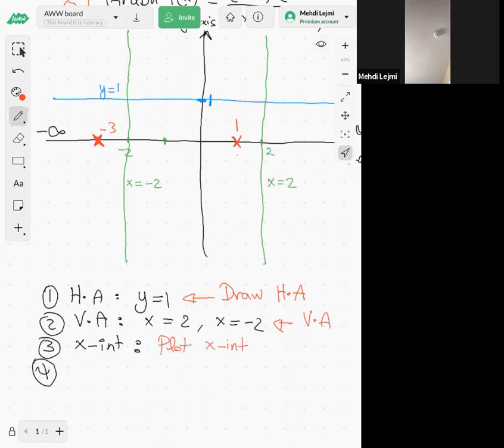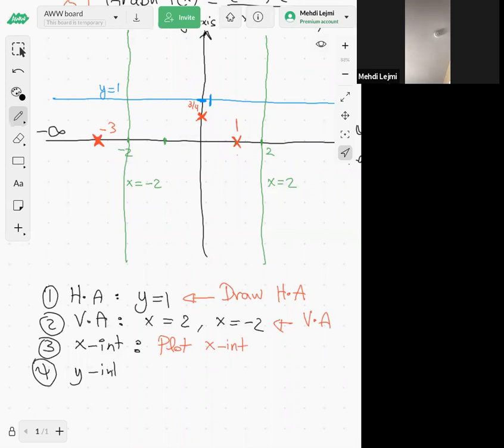So the y-intercept, that's 3 over 4. So it's 0.75. So it's less than 1. So my 3 over 4 is somewhere right here. Okay, so this is my 3 over 4.